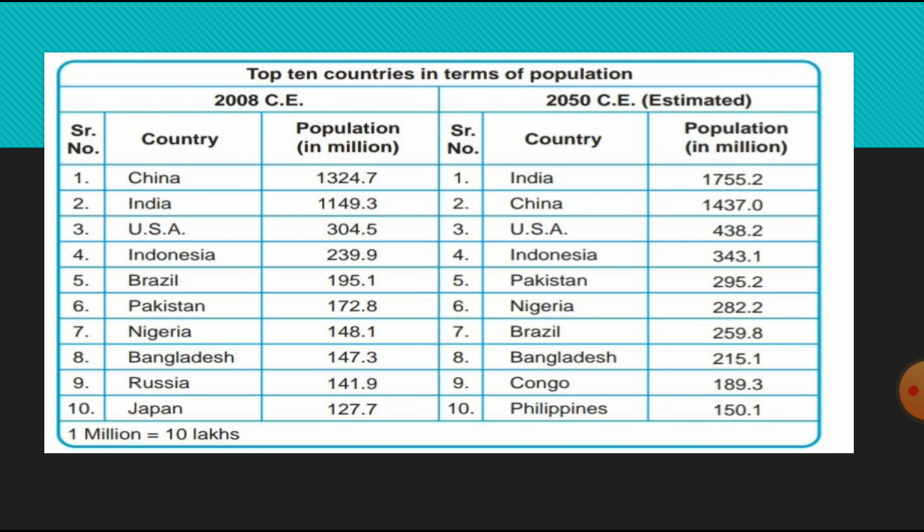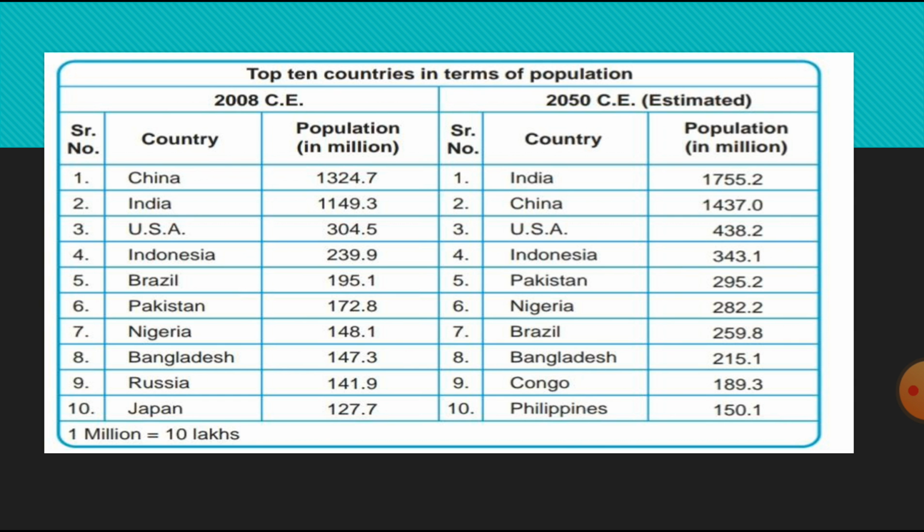Top 10 countries in terms of population, in 2008 CE and 2050 CE estimated. They have estimated it. See, here you can see the country and the population, in millions. 1 million is equal to 10 lakhs.